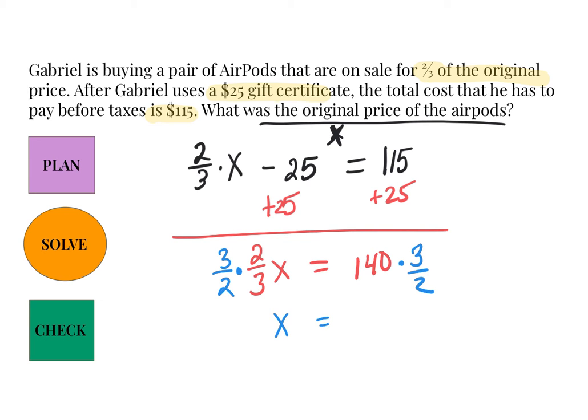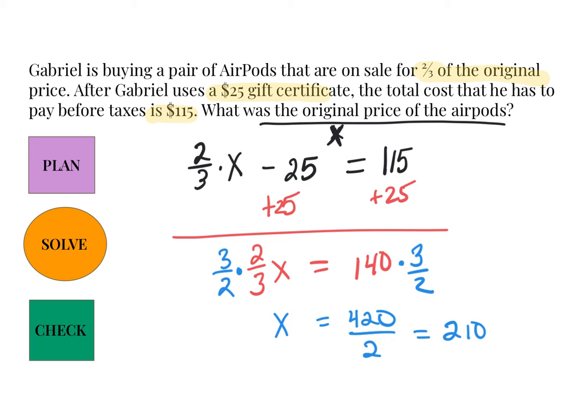So X is now equal to, in order to multiply fractions, you multiply top with top, bottom with bottom. So 140 times 3 is 420. 2 times 1 is 2. So this is going to give me 210.